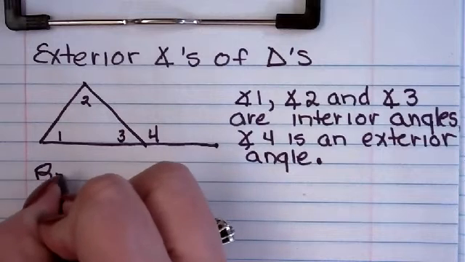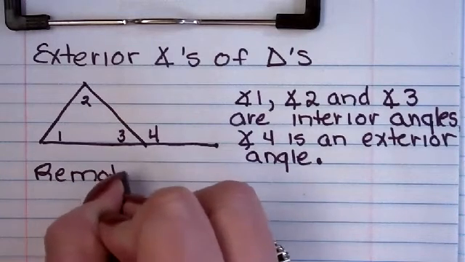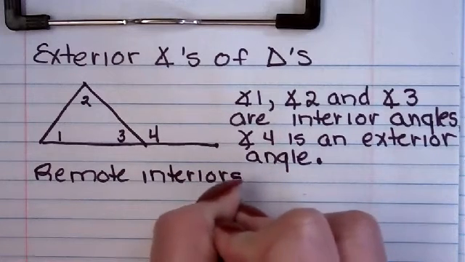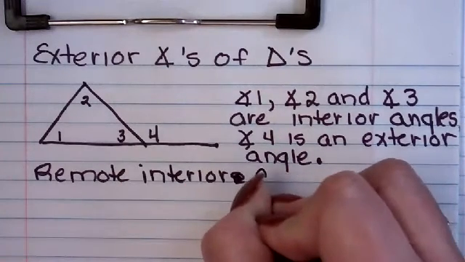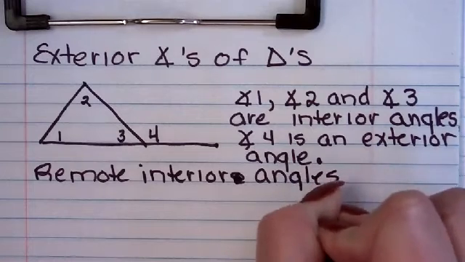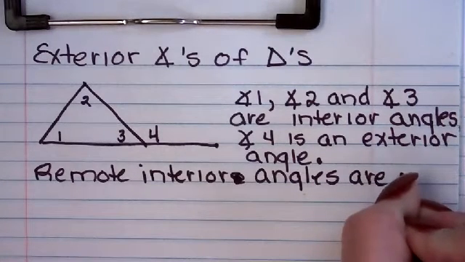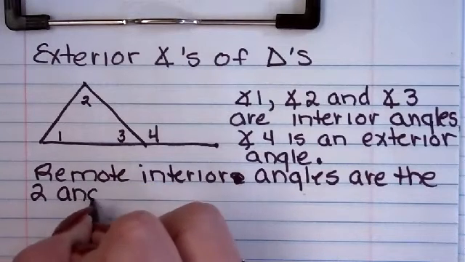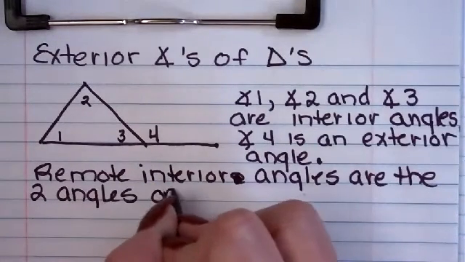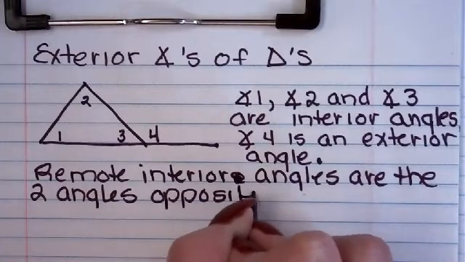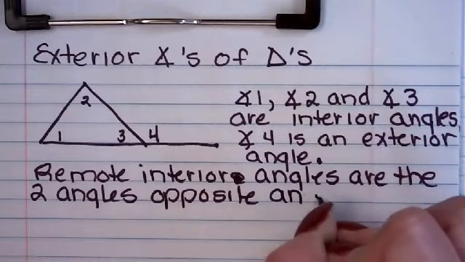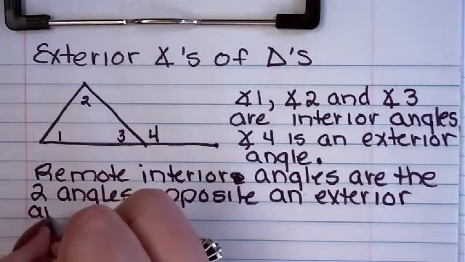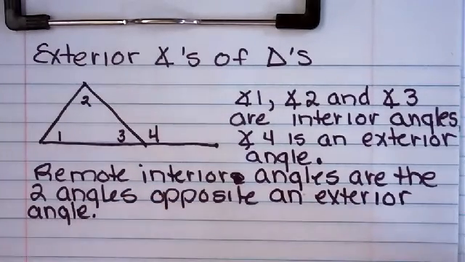So remote interior angles are the 2 angles opposite an exterior angle. Well, that's a mouthful right there. So what do I mean by that?